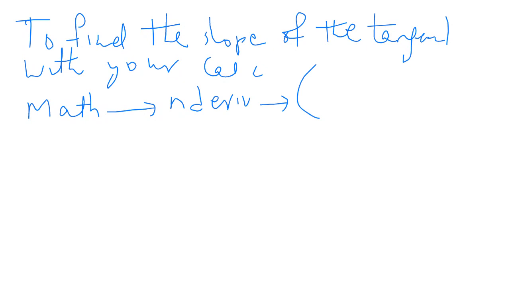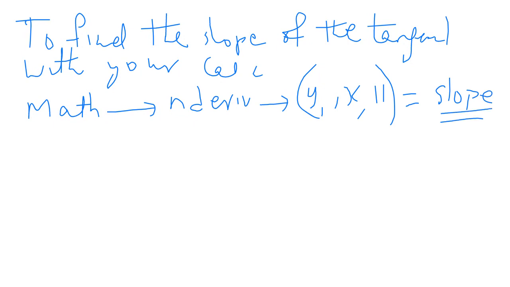So the function is, you already want to put this equation in y1, so Y1 comma x comma, and then the number given to you, 11, that gives you the slope of the tangent line. We'll do it in class though. And when you have the slope of the tangent line and you have found the point, then you plug in the slope and the point in the point slope formula and get the equation of the tangent line.